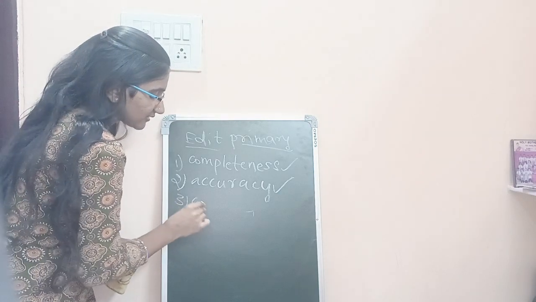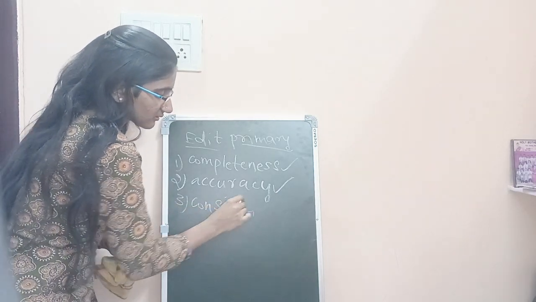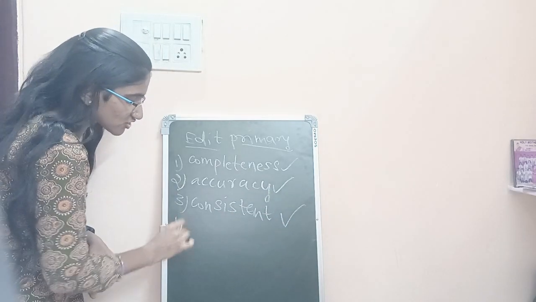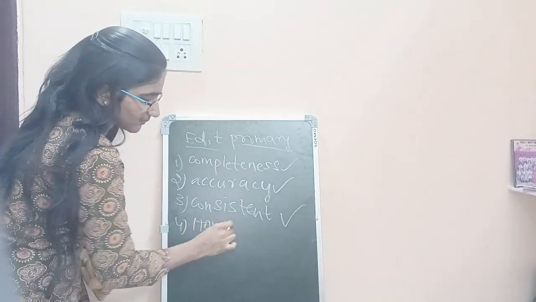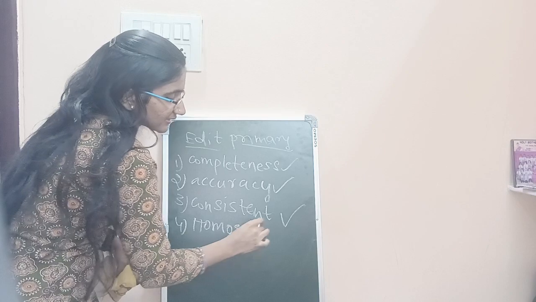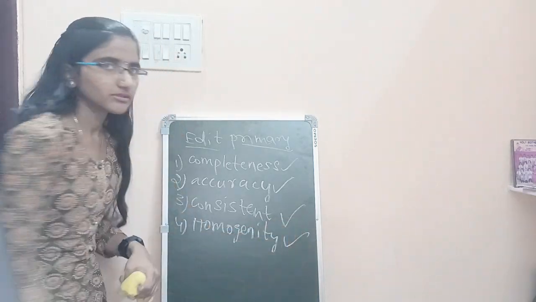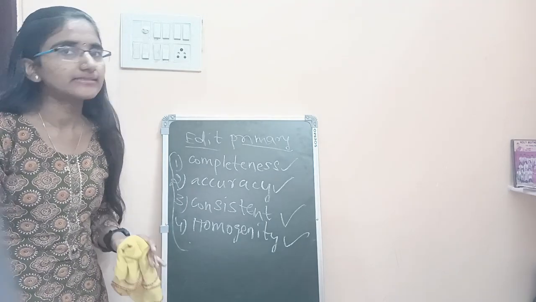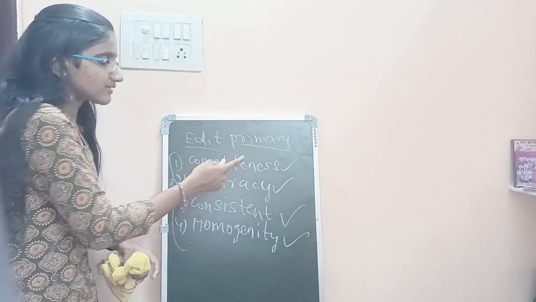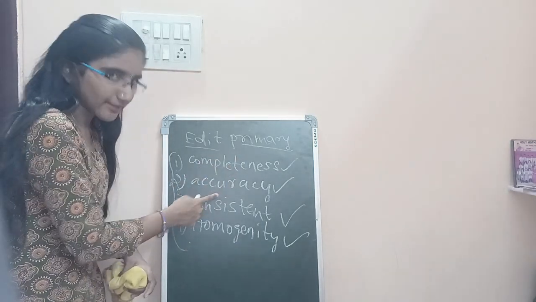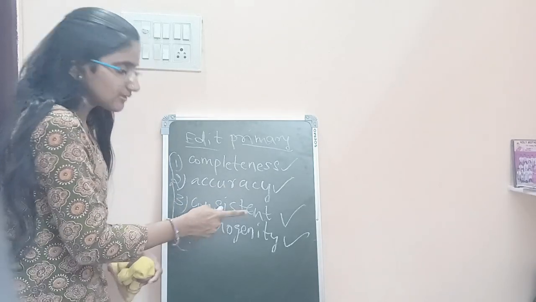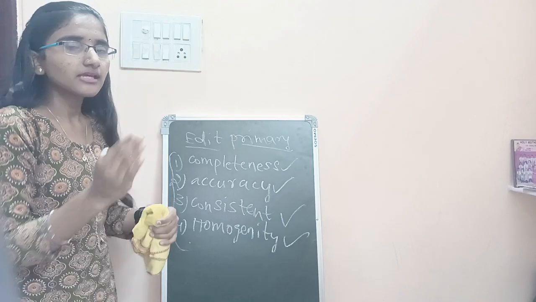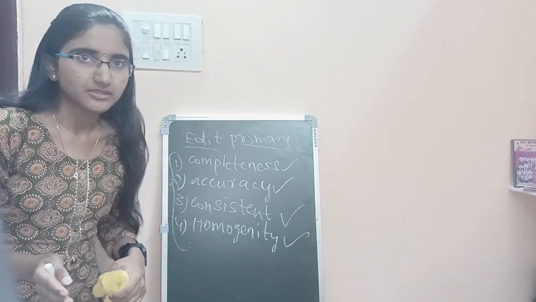Then whether the data is consistent or not, and then you check for homogeneity, whether it is the same throughout or not. So you check for these four qualities whenever you are editing the primary data: whether the data is complete, accurate, consistent and homogeneous. So these are the things that you do with respect to the primary data.